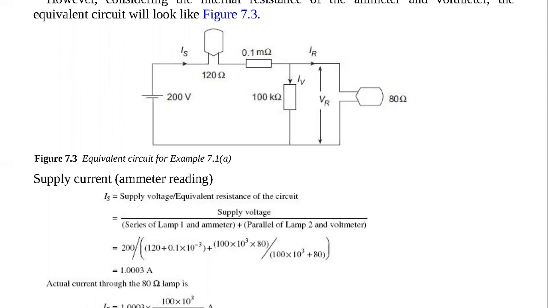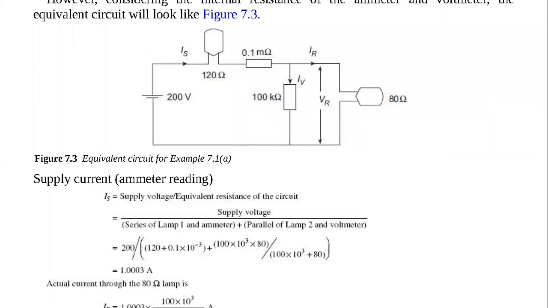We are going to use the normal calculations to get the value of I, with 200 as the V over the resistances. But for this case, we're going to factor in the resistances of both, because for the first case, the I that we got as 1 ampere just factored in the resistances of the lamps, that was 120 and 80.